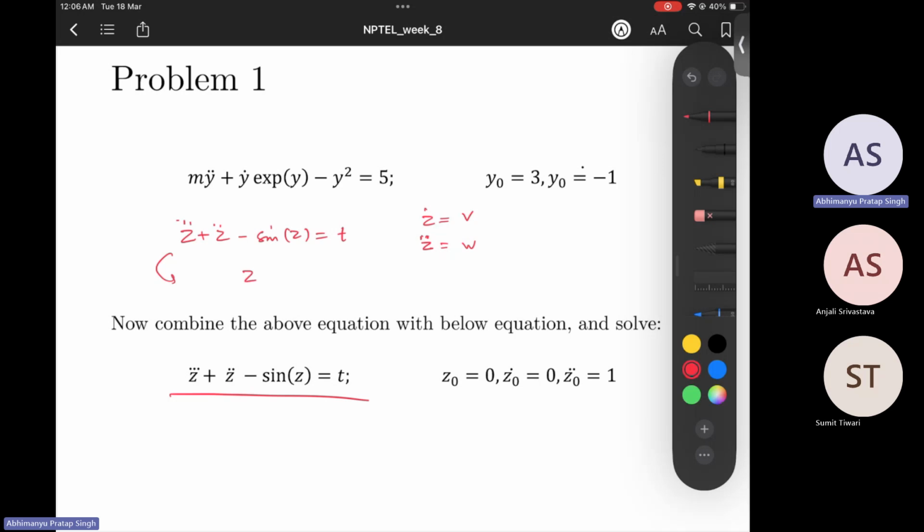I will directly go to z double dot, so that z double dot is w. Z triple dot is t plus sine of z minus z double dot, so that would be t minus sine of z minus w. And this z triple dot would be my w dot, because z double dot is my w. Similarly, z double dot would become v dot.